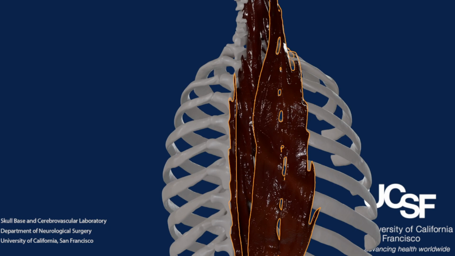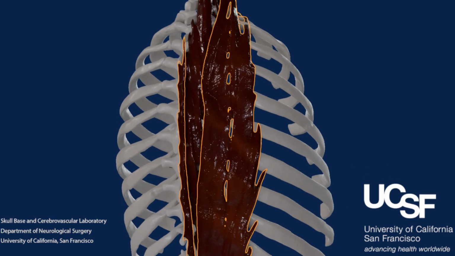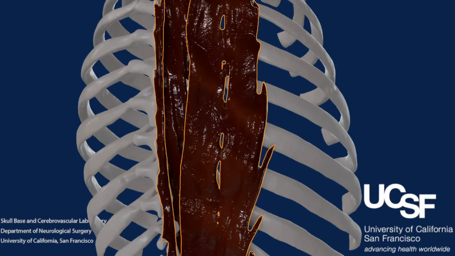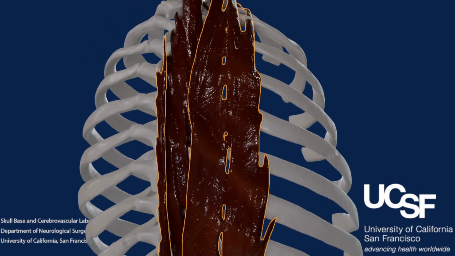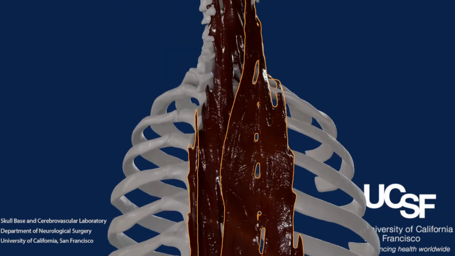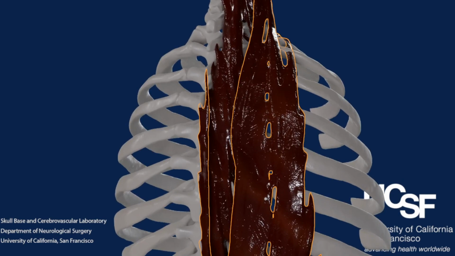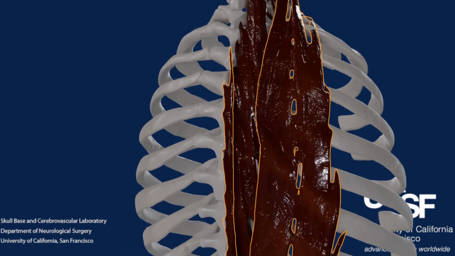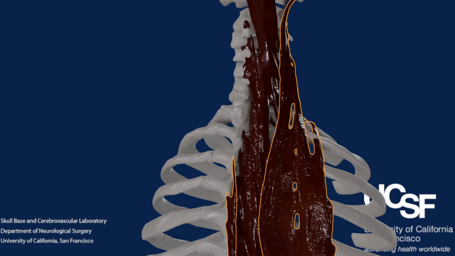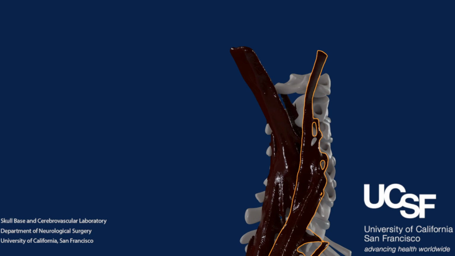The iliocostalis muscle, which is the most lateral group of muscles, is formed by a thoracic segment, a lumbar segment, which is more inferior, and a cervical segment, whereas the longissimus muscles are formed by a thoracic group of muscles, a cervical group of muscles, and the most superior projection of these muscles, which is the longissimus capitis.